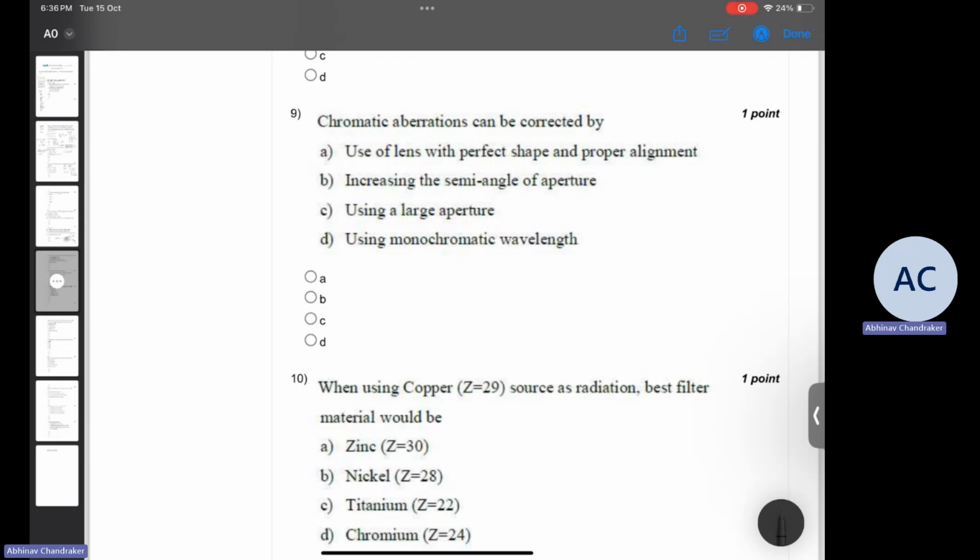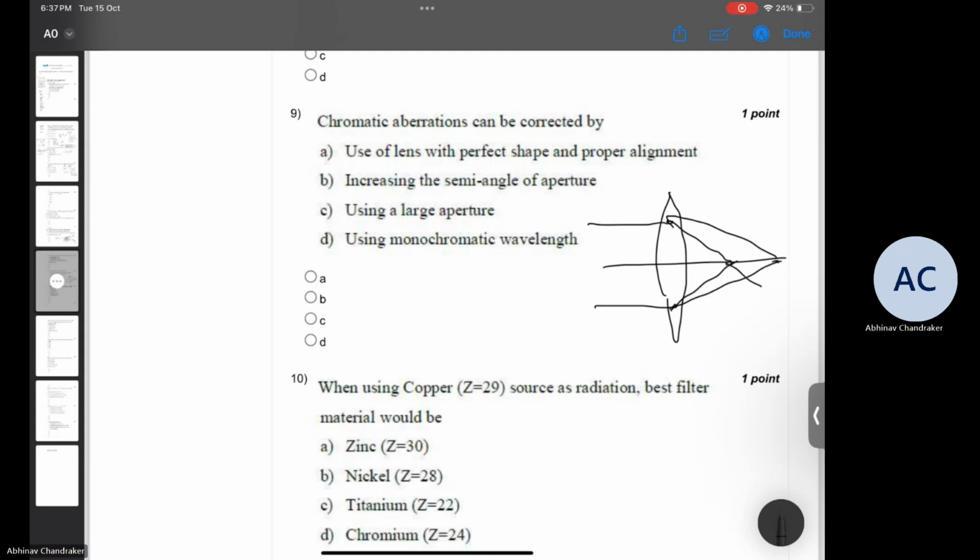Since every wavelength will have a different focal point, there will be some dispersion observed. For two different wavelengths, we'll see two different points at which the beams will focus. So this is called chromatic aberration.